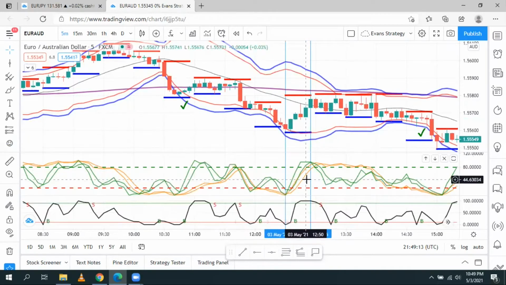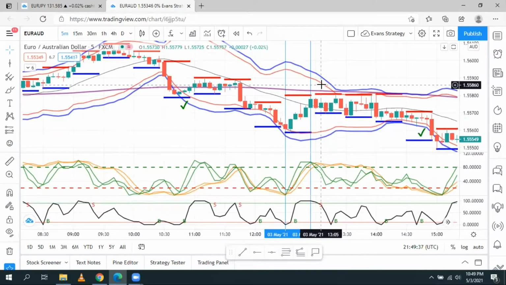The 2 stoch RSI lines have to cross the upper overbought line on the stoch RSI. The 2 have to cross. That's the second confirmation. The first confirmation is the market is touching either the middle line or the upper band.